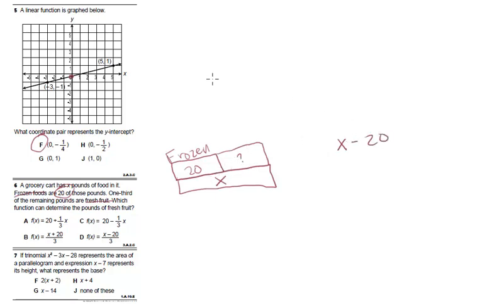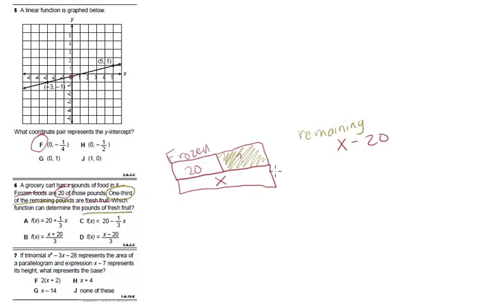I'm trying to figure out what this remaining amount is. Well, I could take the total amount and subtract 20. So this is my remaining. Then we're told that 1/3 of the remaining pounds are fruit. And that's what we're supposed to find: the function to determine the pounds of fresh fruit.